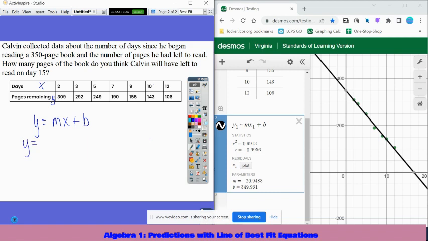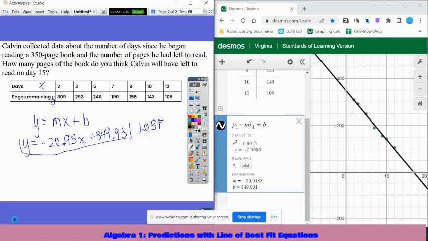So y is equal to my M value as that negative 20.9, and now I've got 0.948, so my hundredths place 8 tells me to round up, so I'd get a 0.95, still with my x, and then my b value, plus 349.93. So this would be the equation for my line of best fit, if I wanted to know what that equation was.